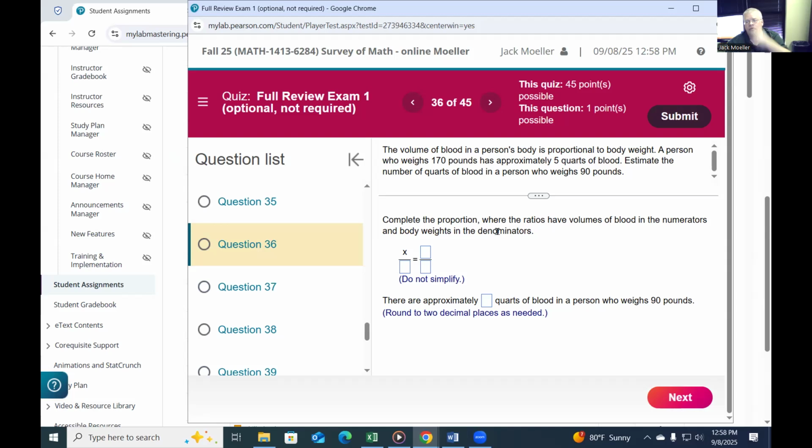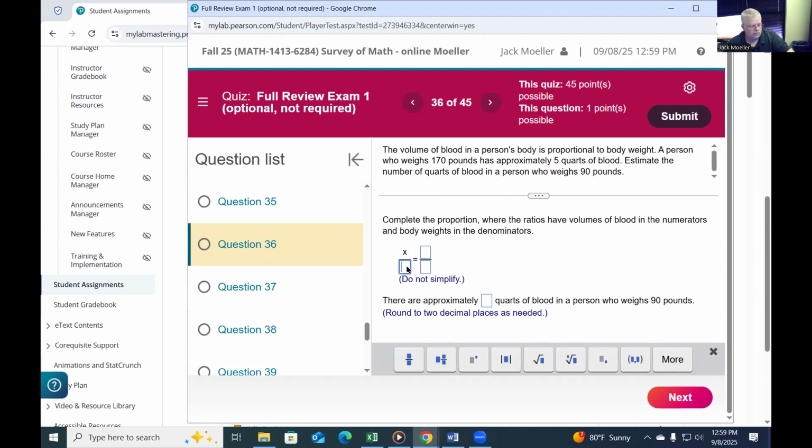So it's actually flipped. And they actually put the x equals on the left where we normally do our setup on the right. So since they want volume in the numerator, we'll estimate the number of quarts of blood in a person who weighs 90 pounds. So we don't know the quarts, but we do know that unknown goes with 90 pounds.